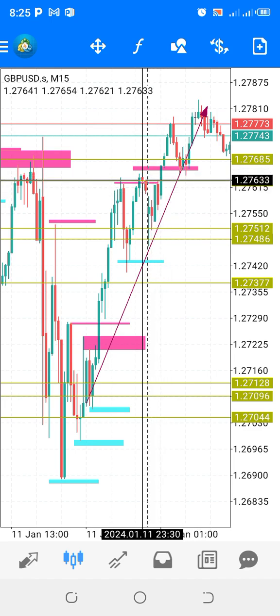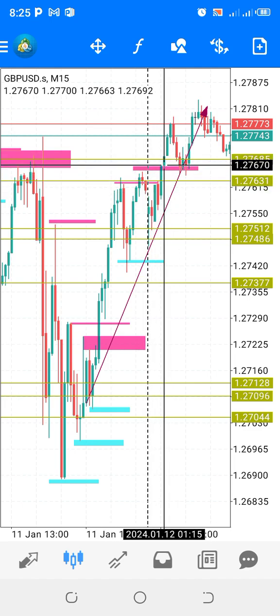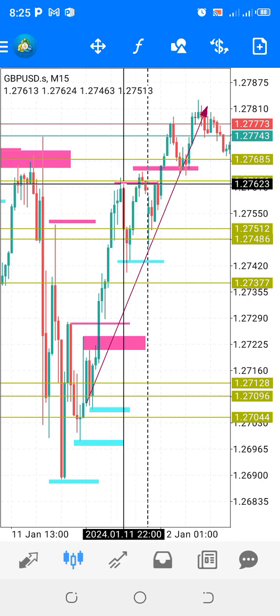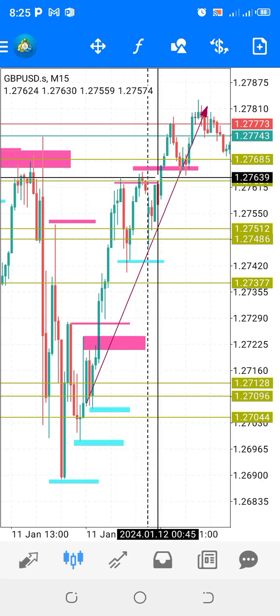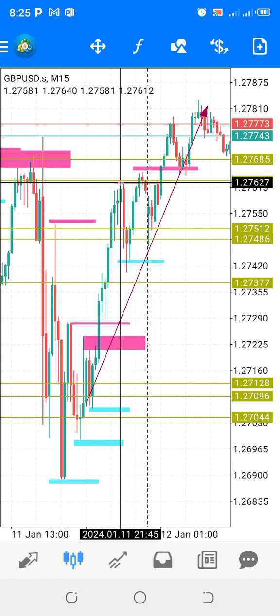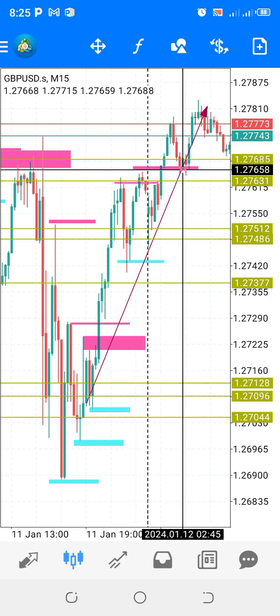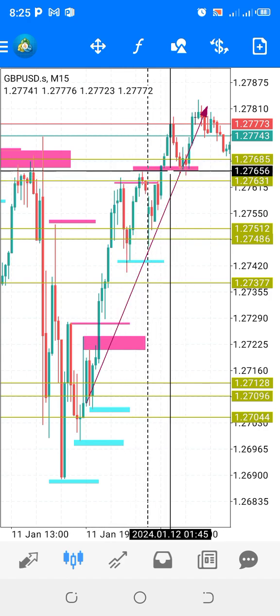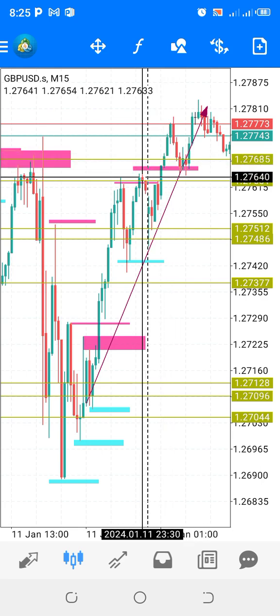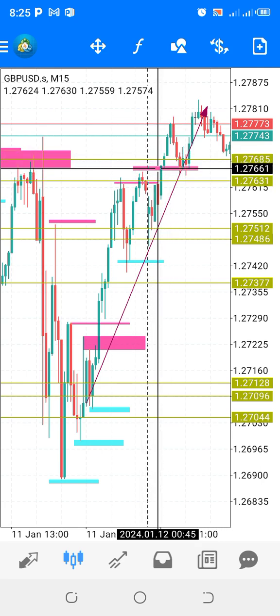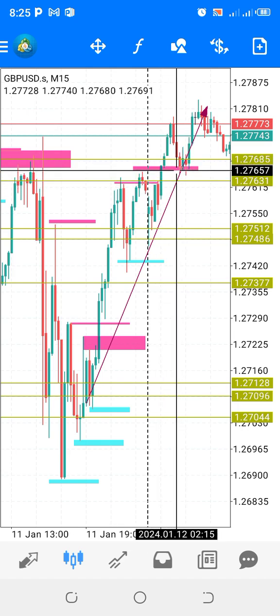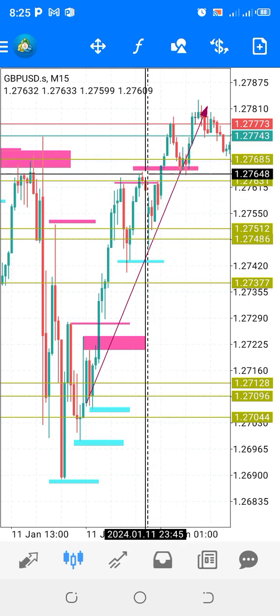So right now we have two levels to watch for entry, and that is the previous impulse break level and the most recent impulse break level also. Both of them are within a close range of 10 pips. So the market has to break the most recent, and the most recent is at 1.2765.